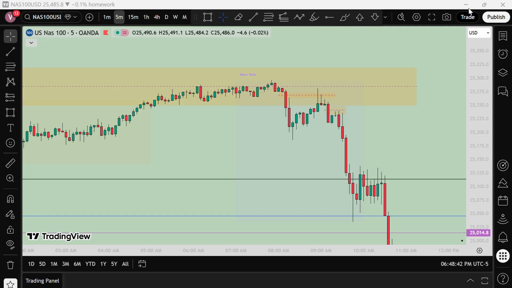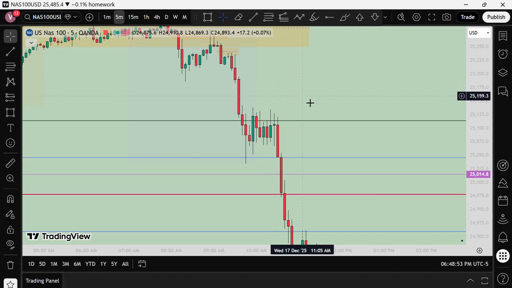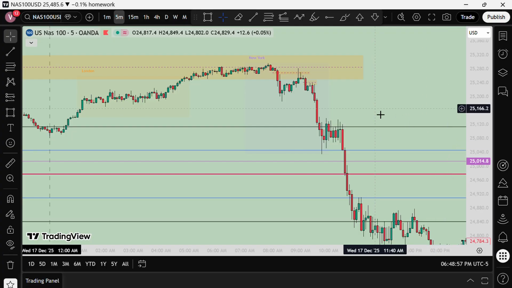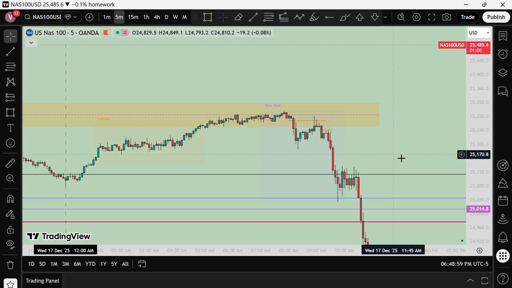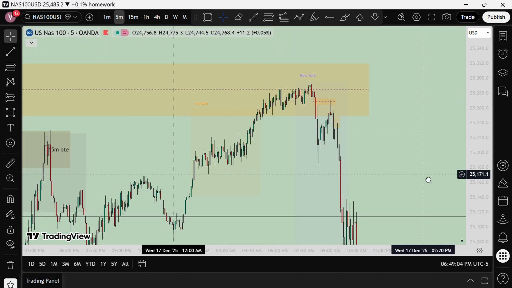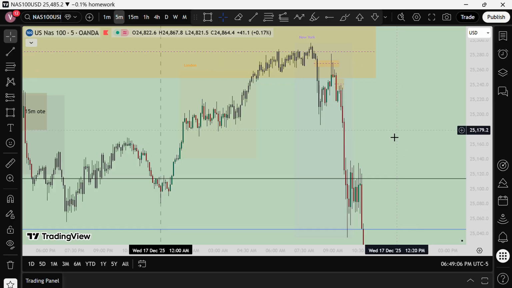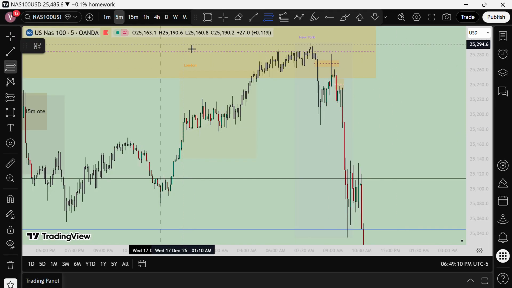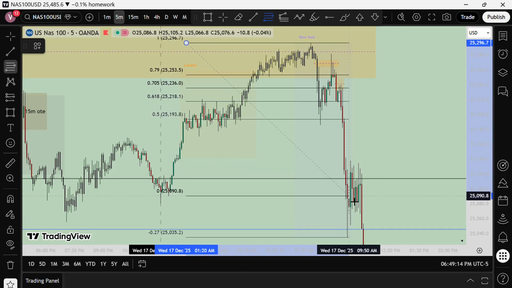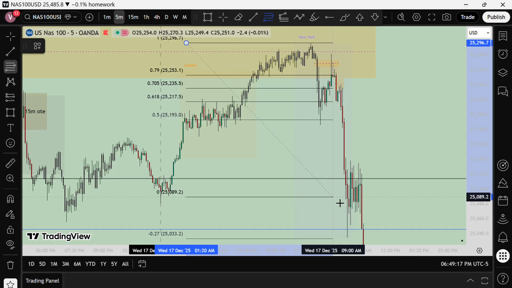There were no news drivers, so it was quick to act on whatever the leftover job it had from previous day. Our targets would have been the ones that we had marked on the daily, but also using body to body OTE on this Judas swing of the day.